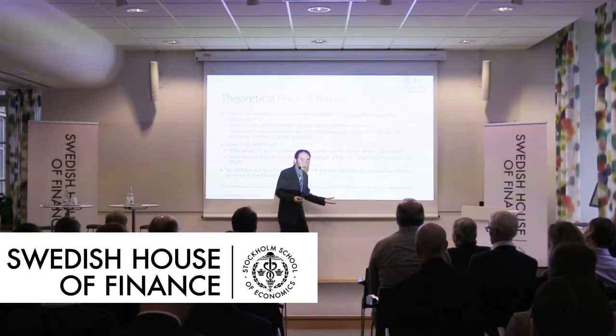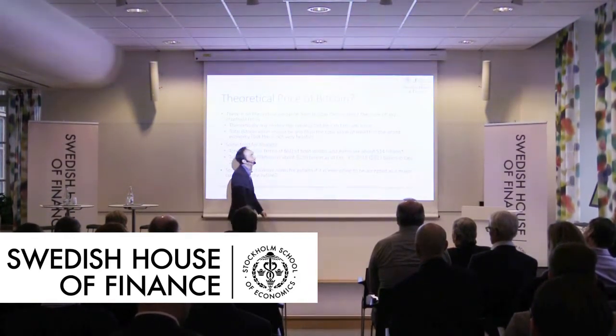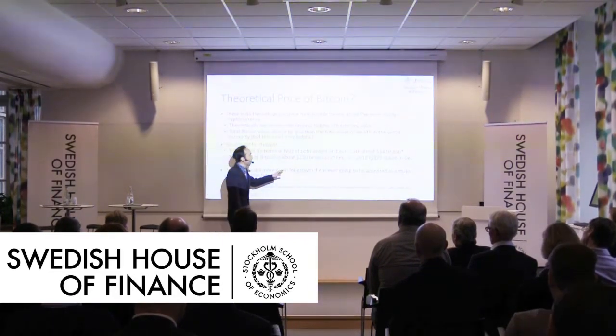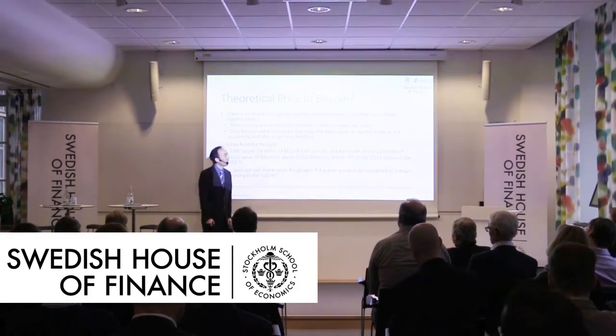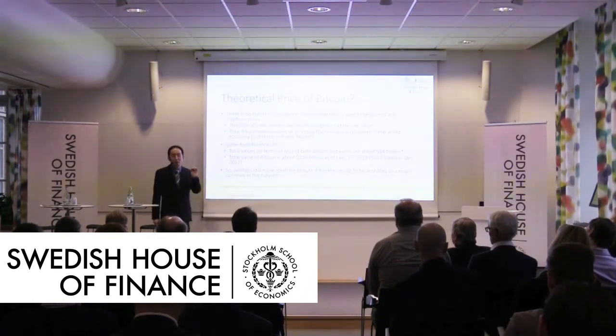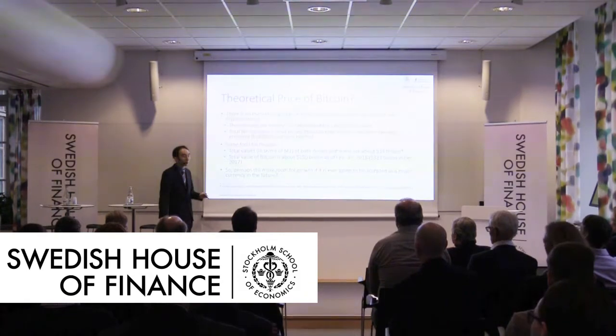This is very wild thinking, so there's much need for research. But these are the aspects we have to think about in terms of the total value of Bitcoin. This might give us some anchor about the proper price of Bitcoin, if it's ever going to be sustainable.